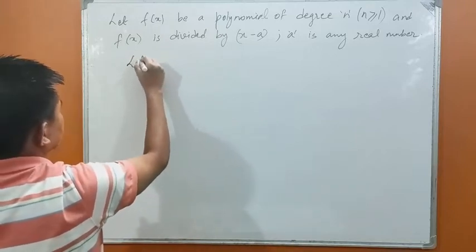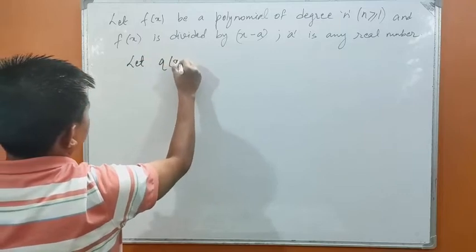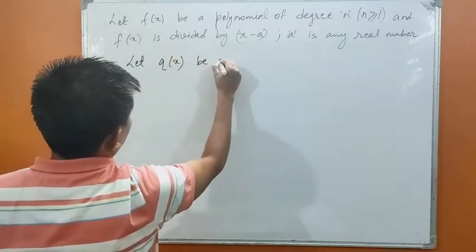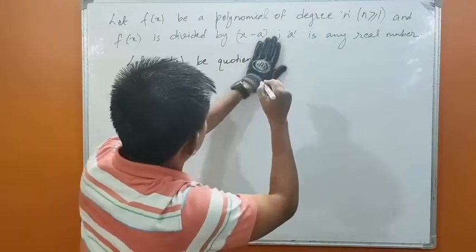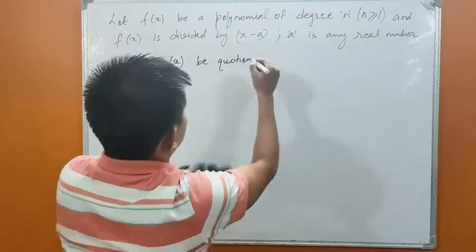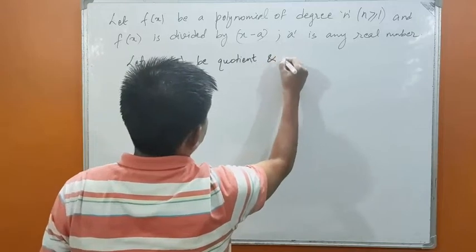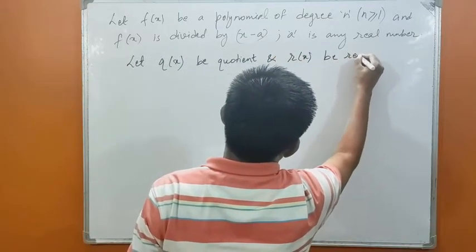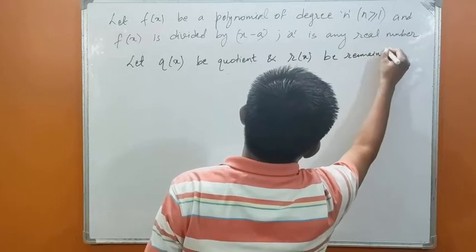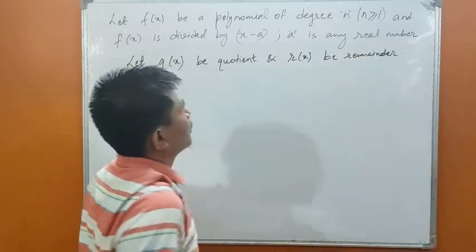Let q(x) be the quotient and r(x) be the remainder.